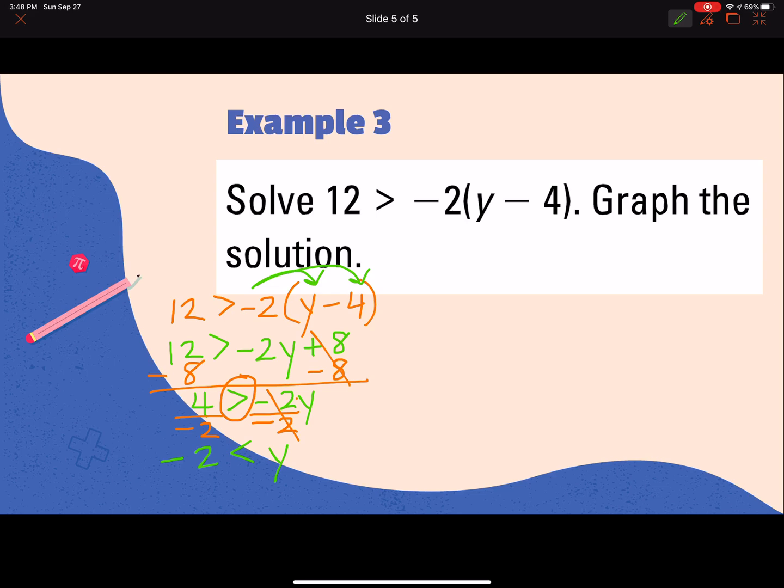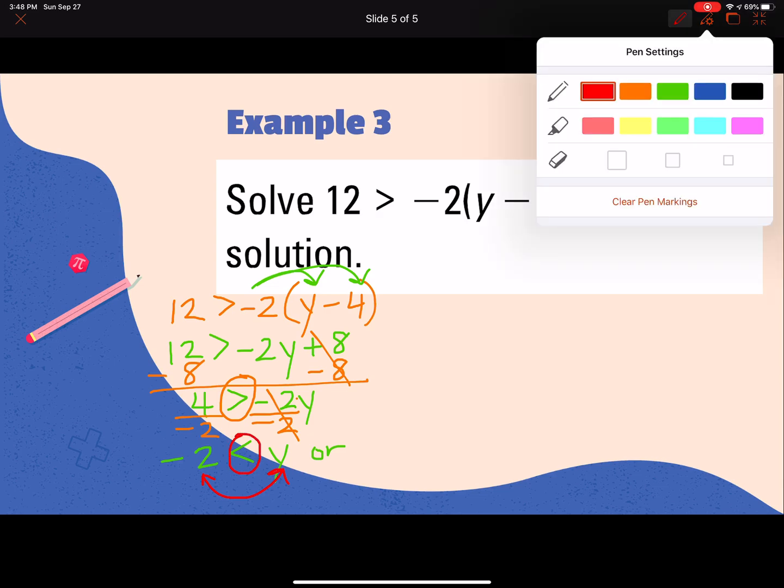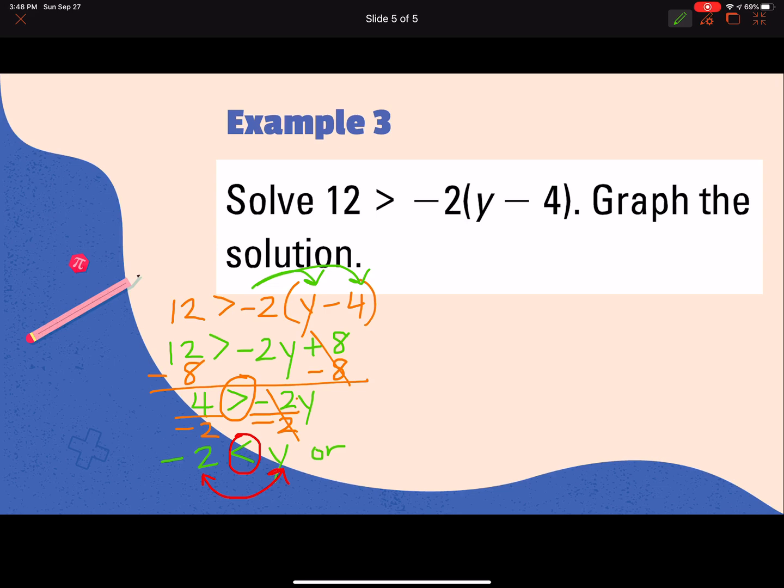So let's go ahead and flip this. So if I reverse my negative 2 and my y, reverse the order of it, and I also need to reverse my inequality sign. It just makes it so much easier to graph.